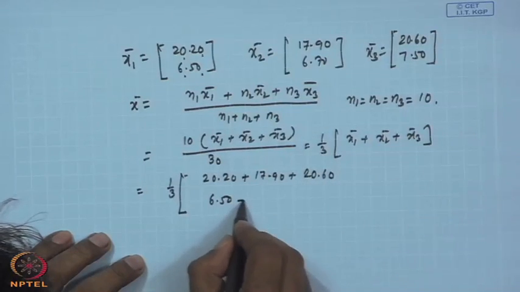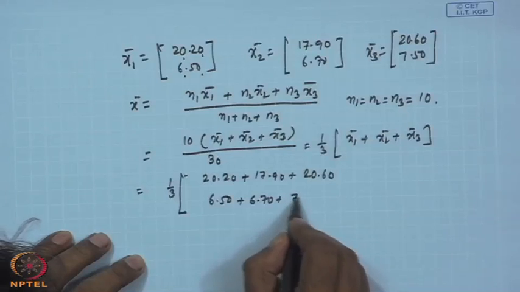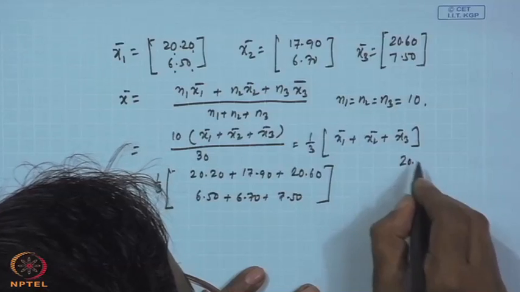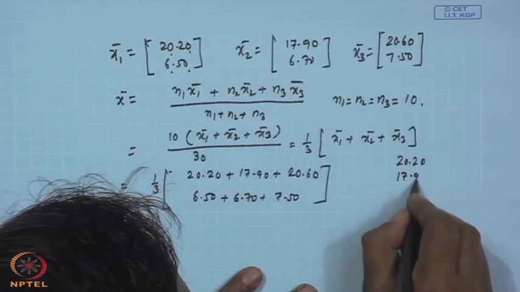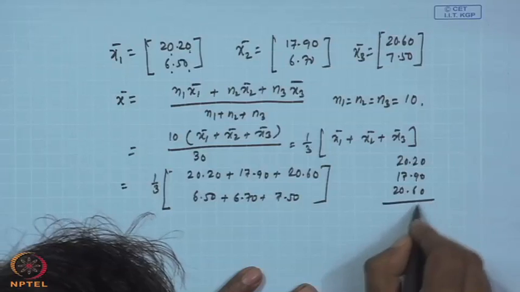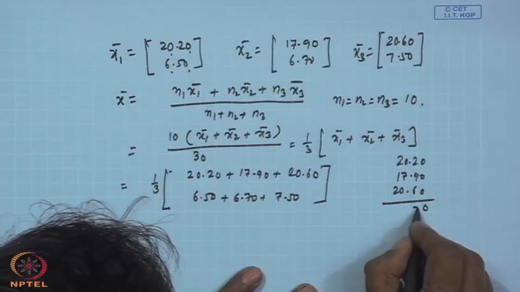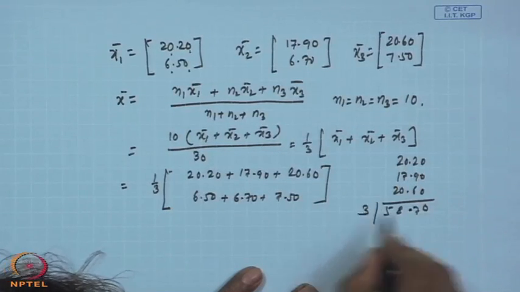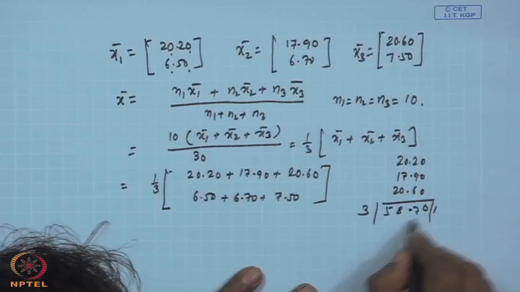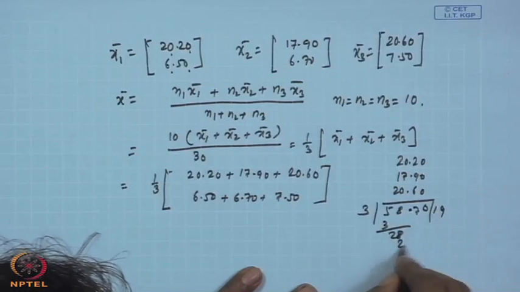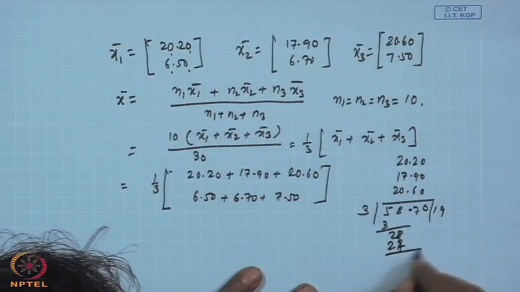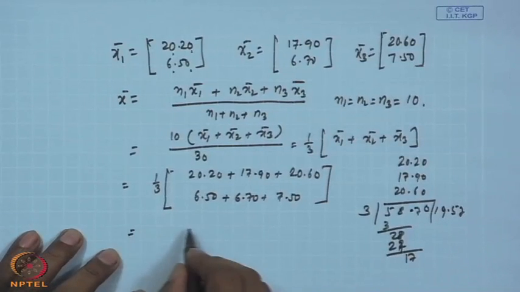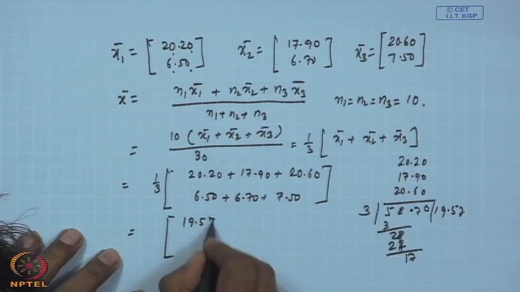The second one will be 6.50 plus 6.70 plus 7.50. If you add all those things, 20.20, 17.90 and 20.60, the quantity will be 58.70 divided by 3, which is almost 19.57.